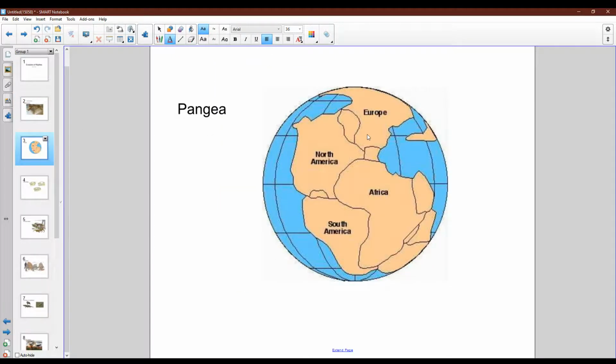And I have this picture of Pangaea just to kind of show you what's going on. So Pangaea forms 300 million years ago or longer ago. And when Pangaea forms, all of the coastlines that had existed before disappear.